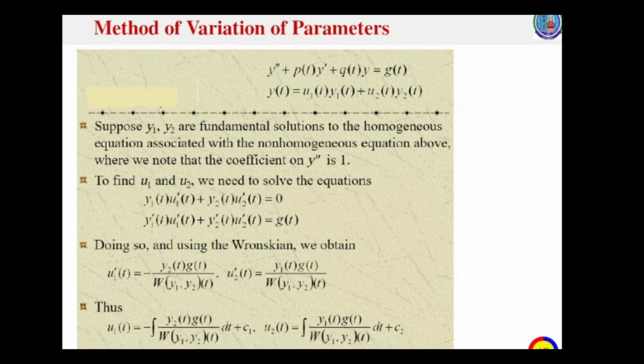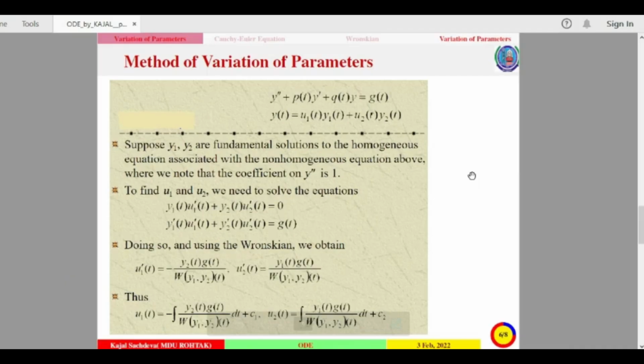So this is your working rule. By applying the method of variation of parameters, you can find the solution of these kinds of equations whose CF is already known. So let's take an example.